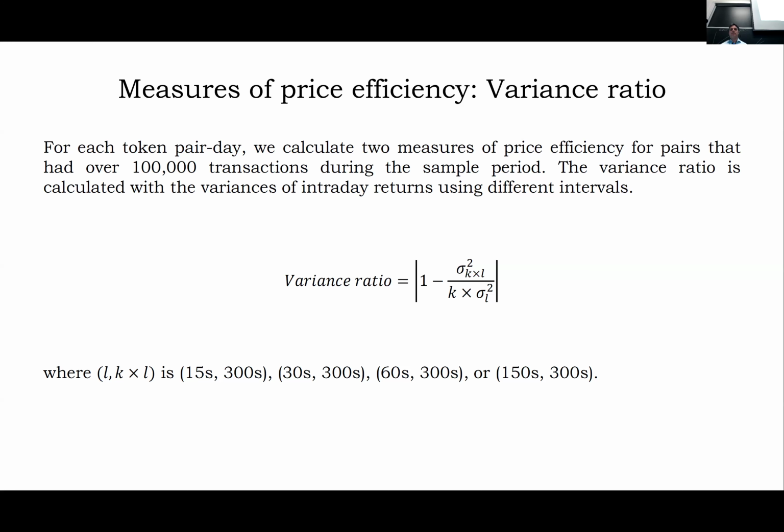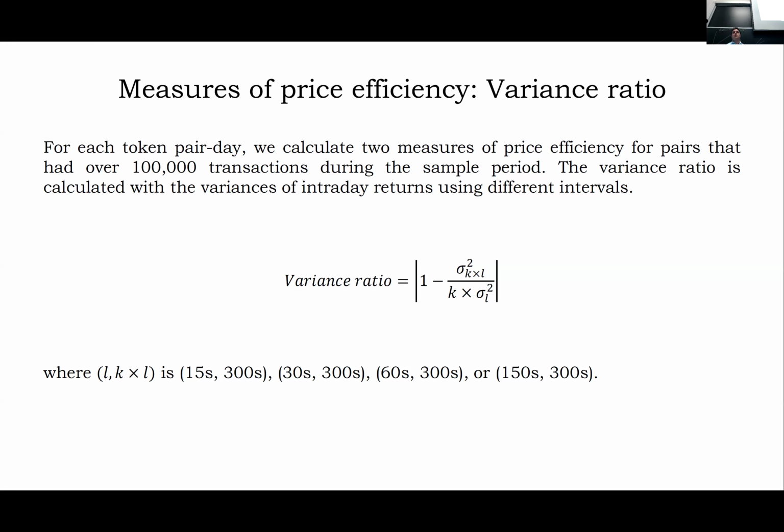So k times L could be 300 seconds, let's say, and L instead is just 15. So it means that k, in this case, would be equal to 20. So I look at the variance of these intraday returns over 20 different periods of 15 seconds divided by the variance over a period of 300 seconds multiplied by 15.